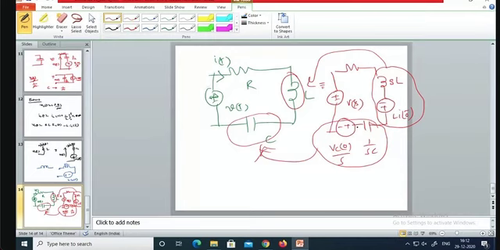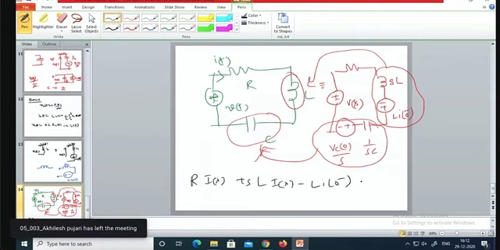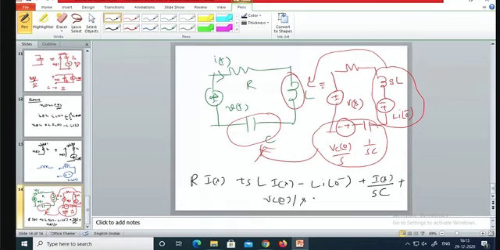Apply KVL here in this Laplace transform. It is R into I of S plus S into L into I of S minus L into I of 0 minus plus I of S by SC plus VC of 0 by S is equal to V of S. This is the KVL for the network.